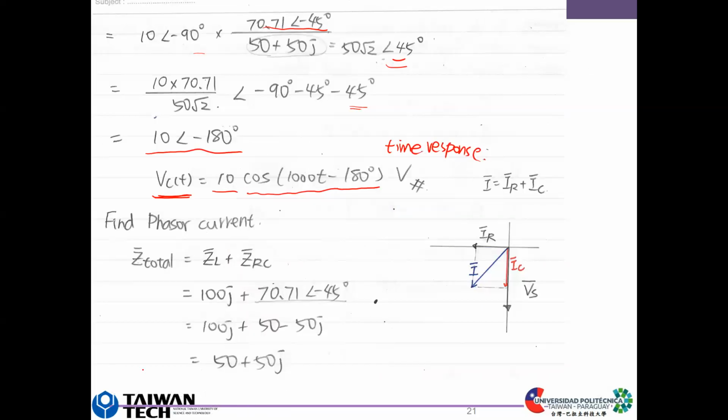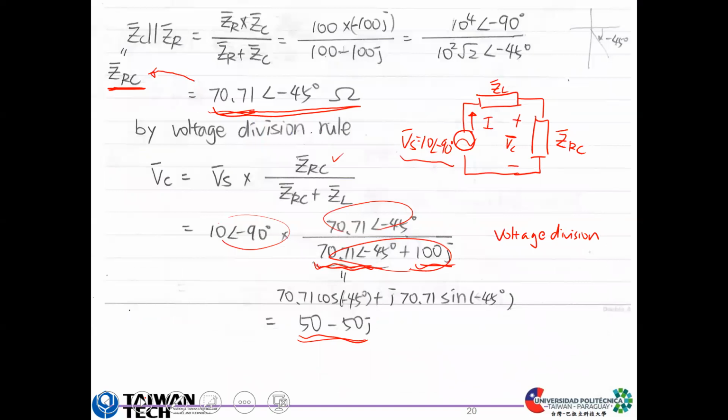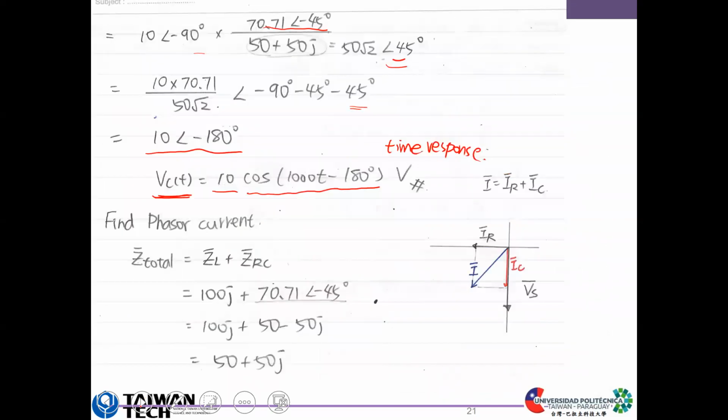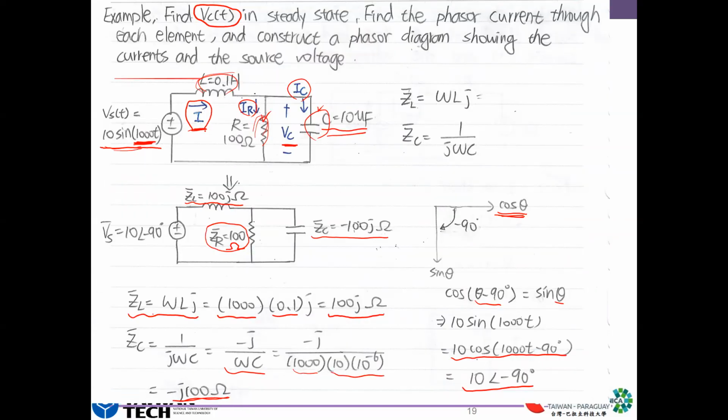The phasor current flowing through this L is I. To calculate I, we need to calculate the equivalent impedance for these three.